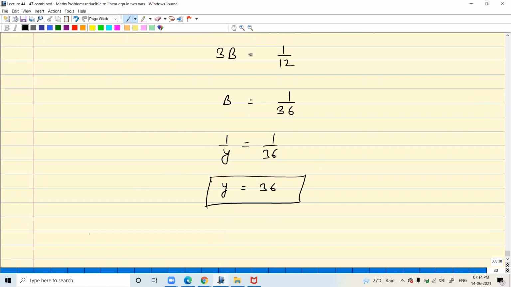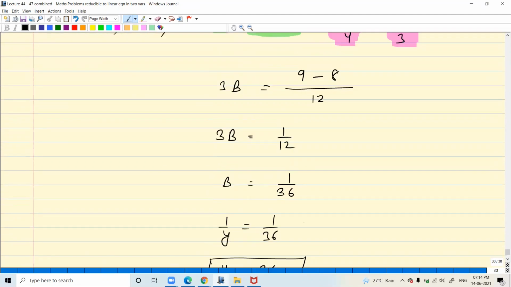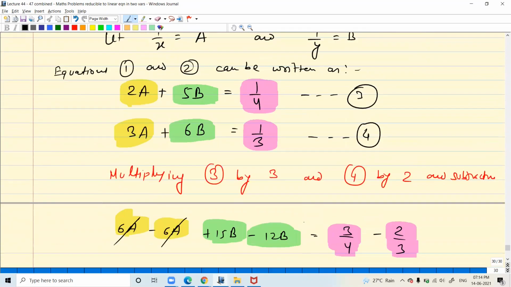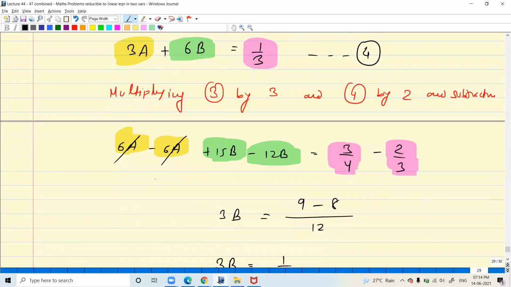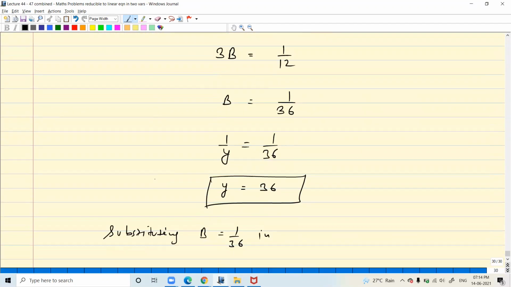Okay, so substitute b is equal to 1 by 36. In which one, third one or fourth one? 1 by 36 is there, right? So 6 and 36 will get cancelled. So it's better to use the fourth one.